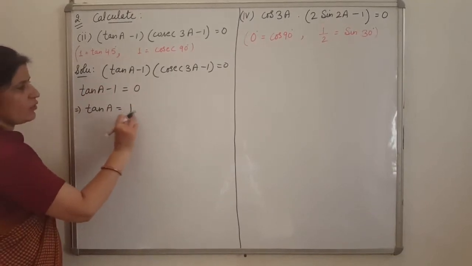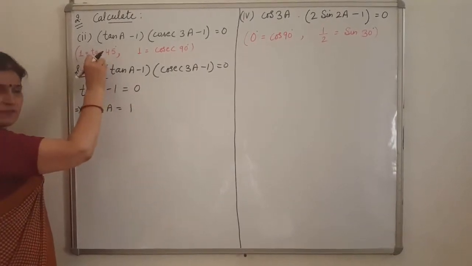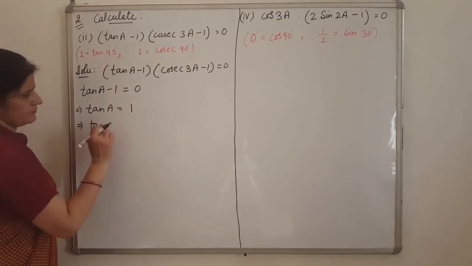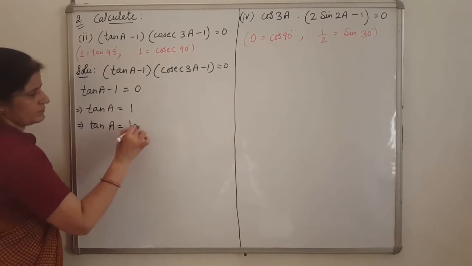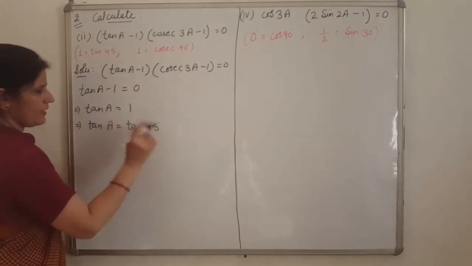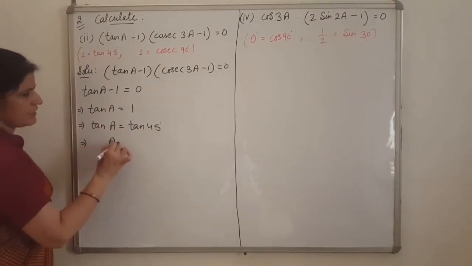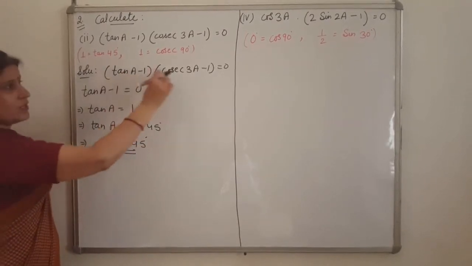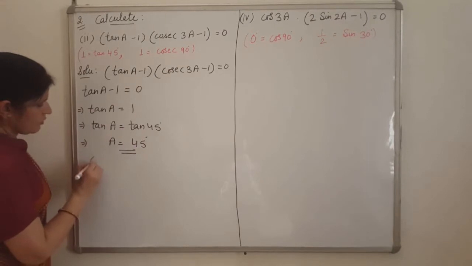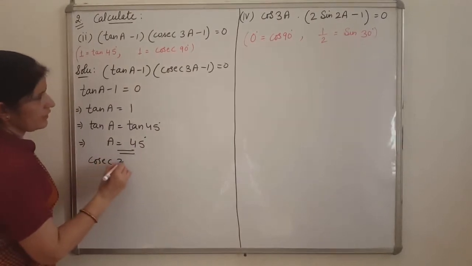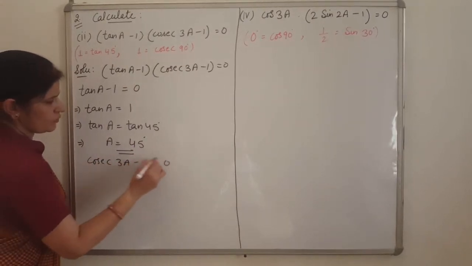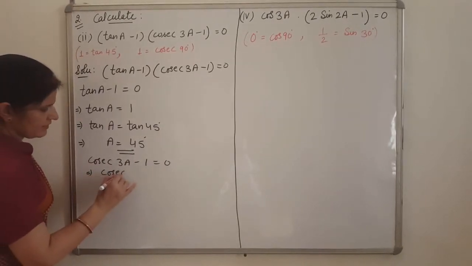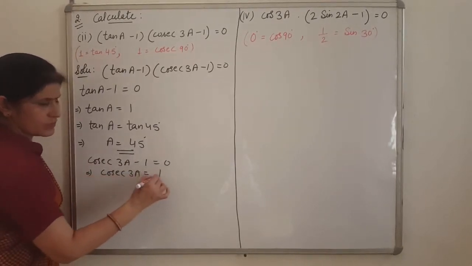Now the value of tangent for 1 is tangent 45. Substitute. And when you compare them, what do we get? We get A is equal to 45 degrees. This is for the first. Now we will take this one. Cosecant 3A minus 1 is 0. So cosecant 3A equals 1.